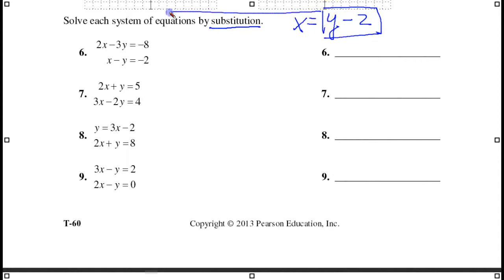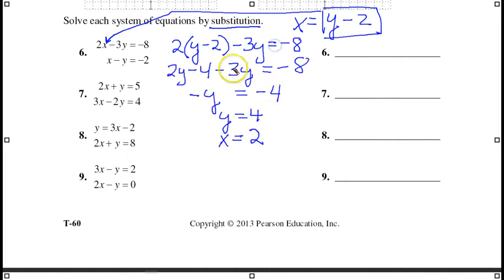We then take this value and put it where the x is. That is, substituting what x is in terms of y. So we now get 2 times y minus 2, there's our x value right there through substitution, minus 3y equals negative 8.